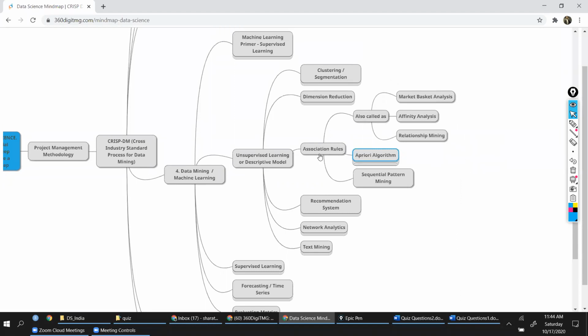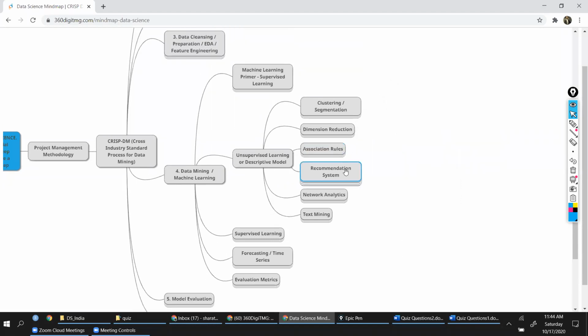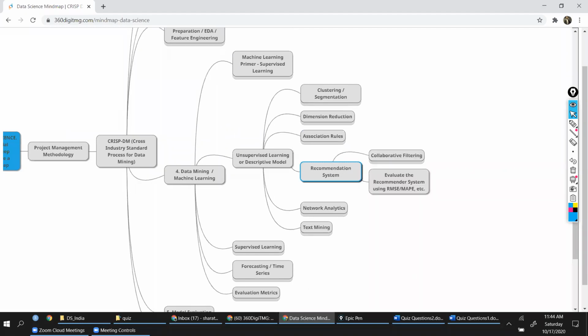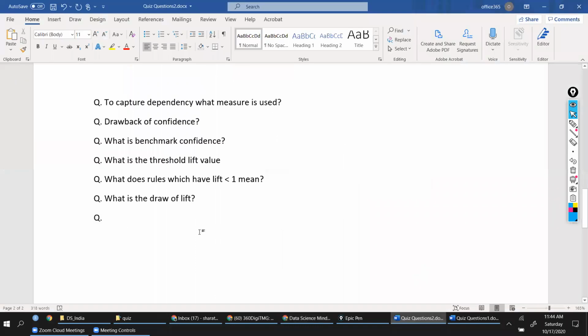Now let's talk about personalized strategy. Recommendation engine is also known as collaborative filtering. What are the distance measures used for calculating similarities?